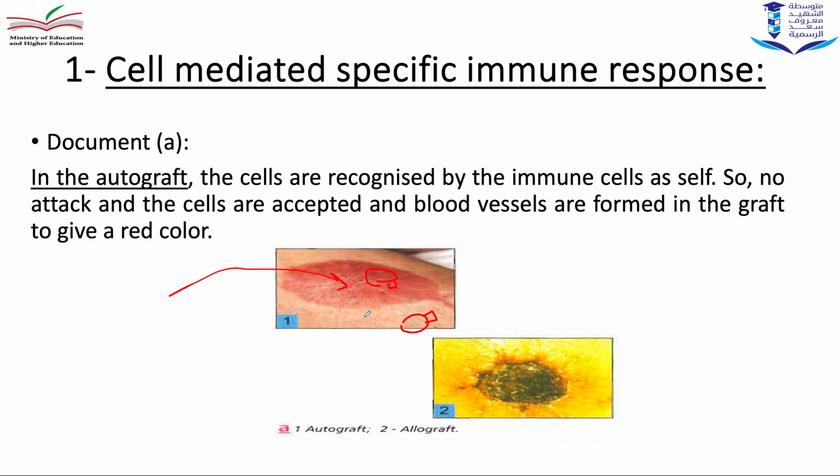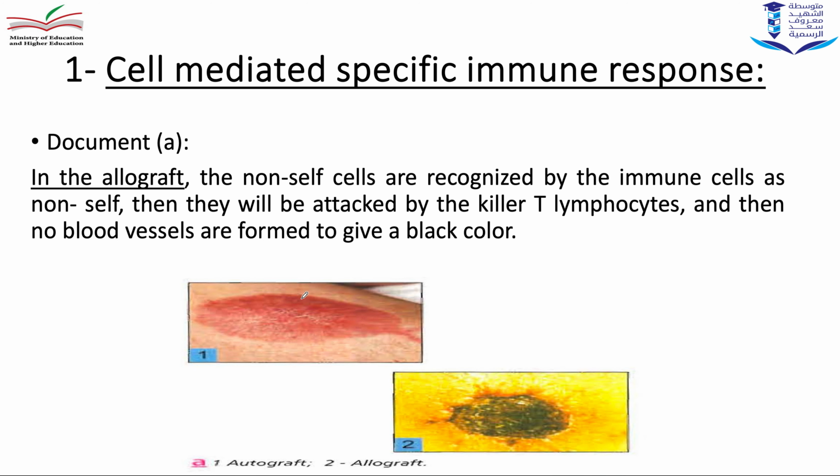And at the end, because they are accepted, blood vessels will be formed. The blood vessels will spread throughout the whole body, into wherever they are needed. So here the blood vessels are formed. So because of that we obtain a red color. So this red color comes from the vascularization of the graft, meaning the graft was accepted because it became nicely red.